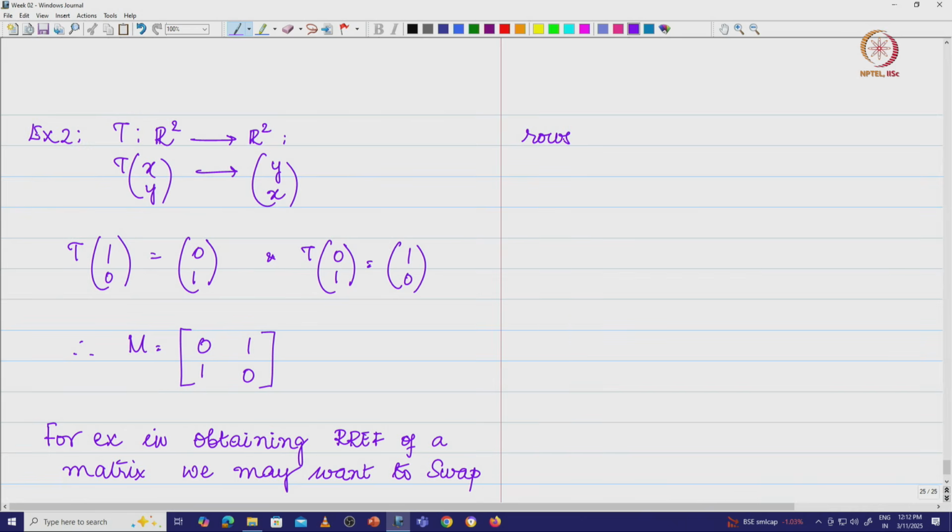And when we want to swap rows, that gets implemented as a matrix operation. So the corresponding matrix is this matrix (0 1; 1 0), which swaps R2 with R1 and R1 with R2. Let us also see what it means in a couple of minutes.